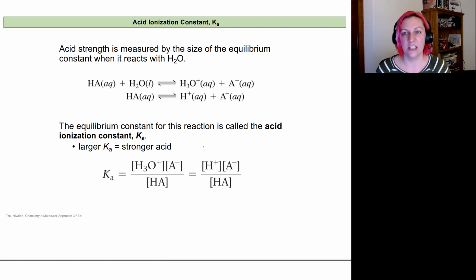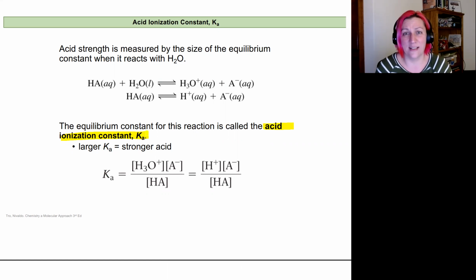So, that percentage that it ionizes or dissociates is going to tell us strength. And we're going to characterize that with equilibrium constants. And so we're going to have what we call the acid ionization constant, which we're going to call K with a subscript A. Ka is just an equilibrium constant. We put the subscript A so everyone knows we're talking about an acid dissociation reaction.